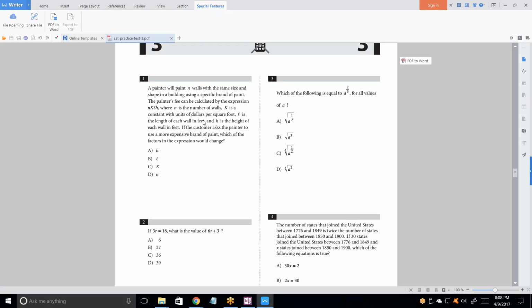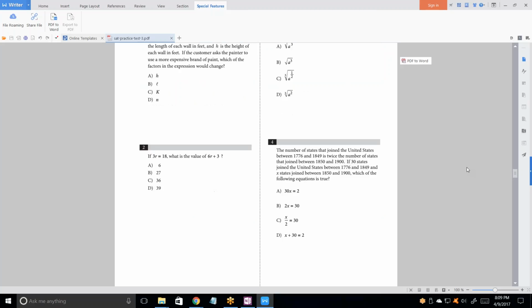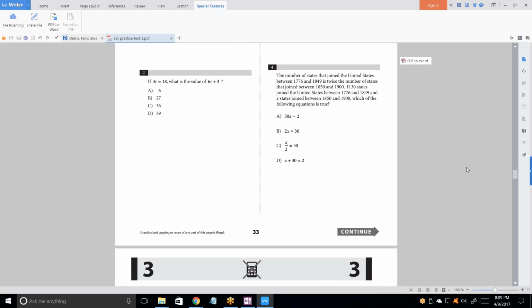Notice the length of each wall is another variable that, sure, if the length goes up, the cost of the paint job goes up. But that's not what they're asking. They're asking for a given square foot, which variable would give you a more expensive cost, and it's the constant with units dollars per square foot. Okay. That's a hard one.